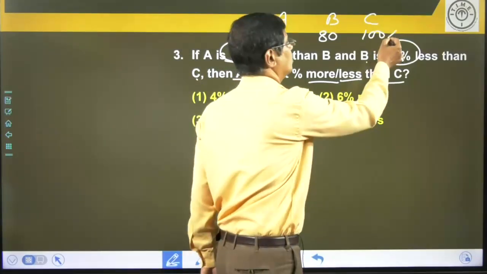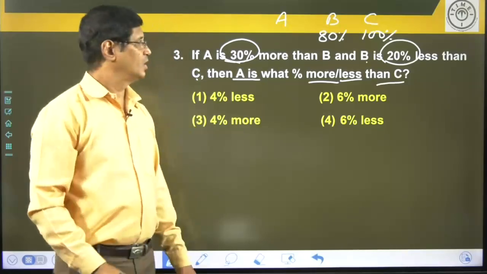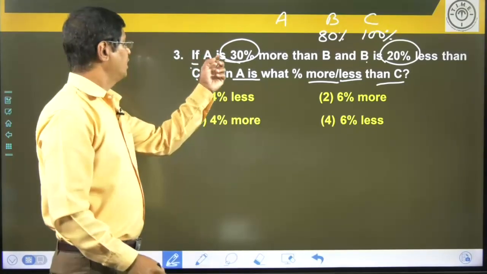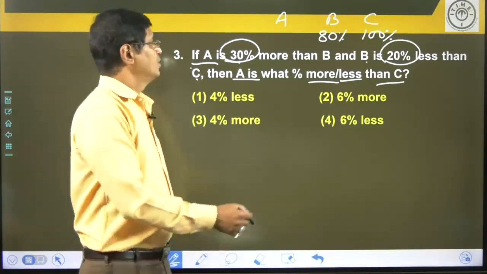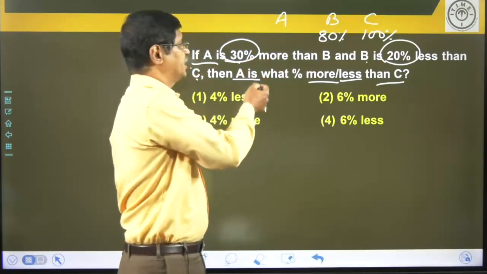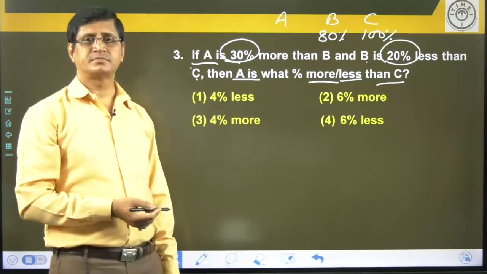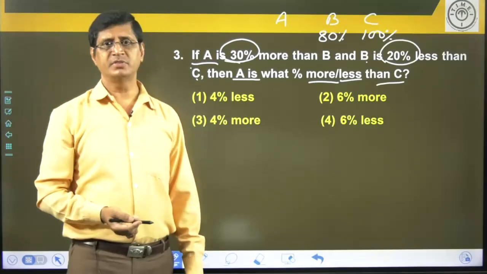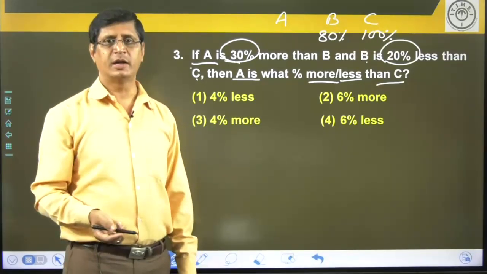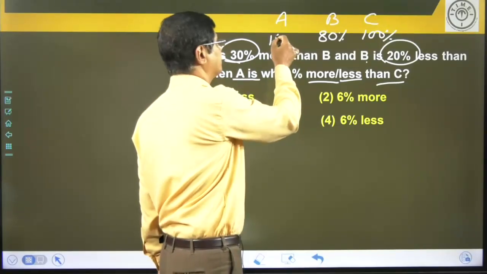When C is equal to 100%, B is equal to how much? 80%. Then what about the value of A? The value of A is 30% more than B. B here is 80%, so 30% more. So 10% of 80, 8. 30% means 3 times of it. 3 times of 8, 24. So 24 more means it becomes 104.